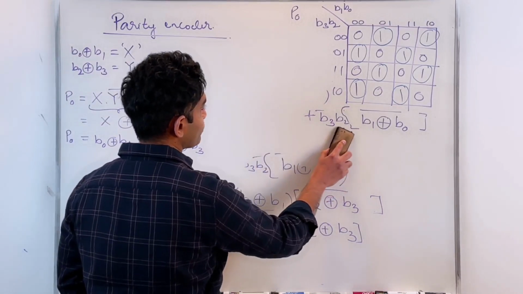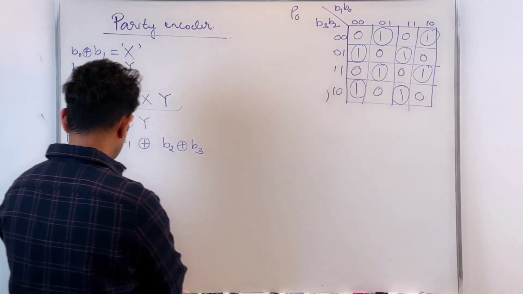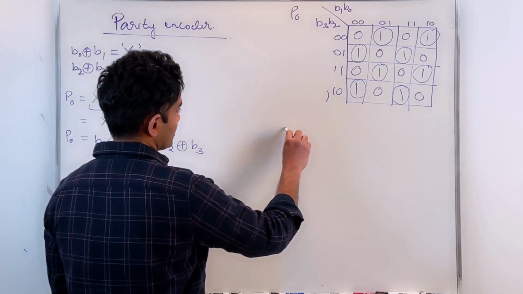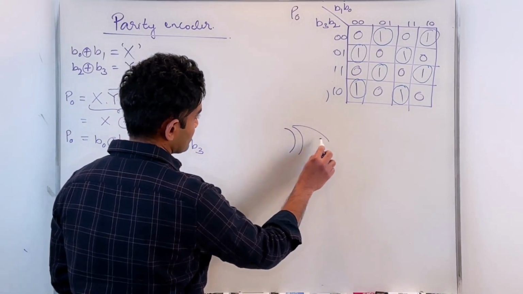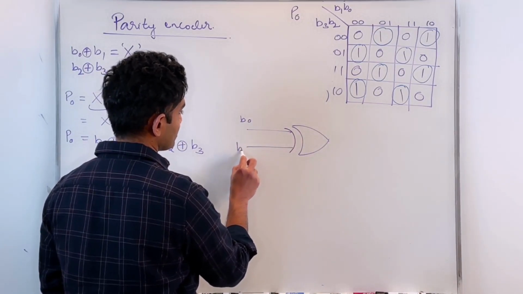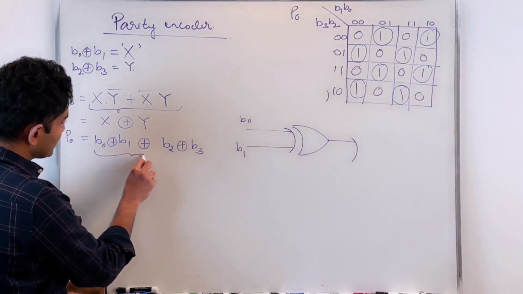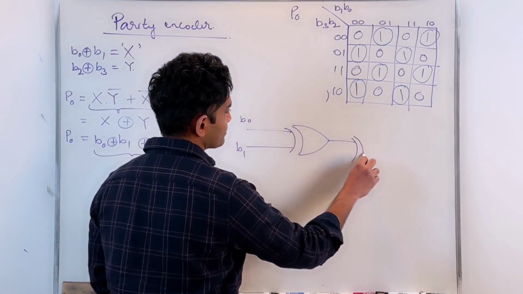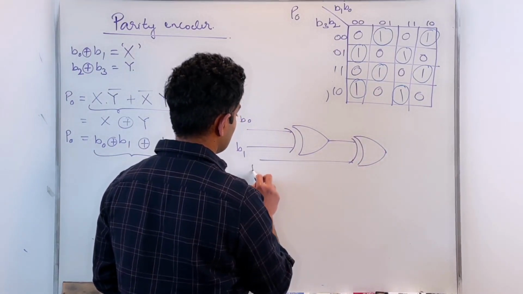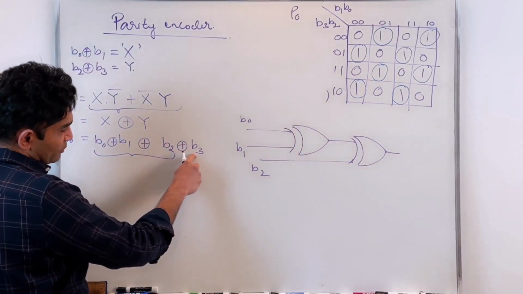And how would the circuit look? If I want to implement that, the circuit would essentially look like this. I have B0 exclusive OR B1, which is being exclusive ORed with B2, and the output of that is being exclusive ORed with B3.